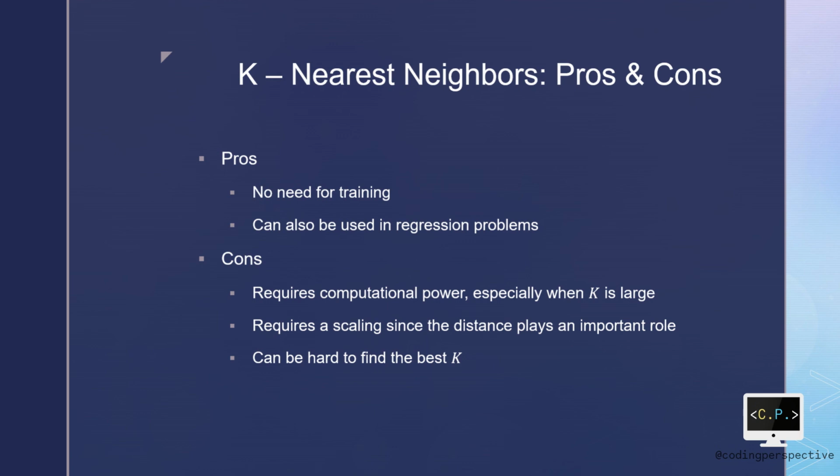Another thing is that you need to scale your training data since you're looking at the similarity based on distance. If your independent variables are not on the same scale, then it makes your algorithm not reliable. Last but not least, it may be hard to find the best k value. It requires so much computation power when your data is so large and you have to try many k values.